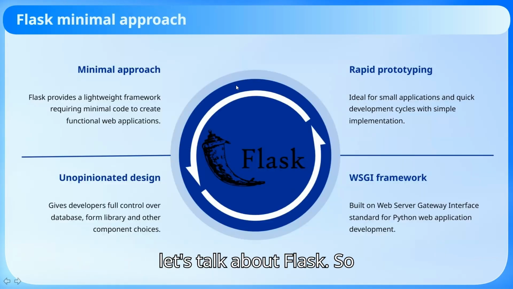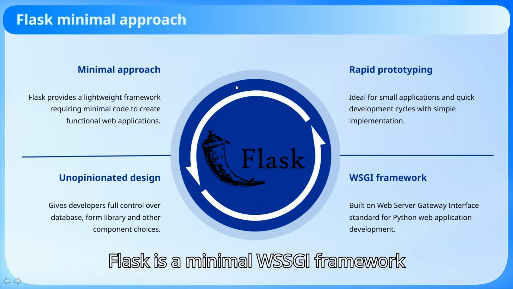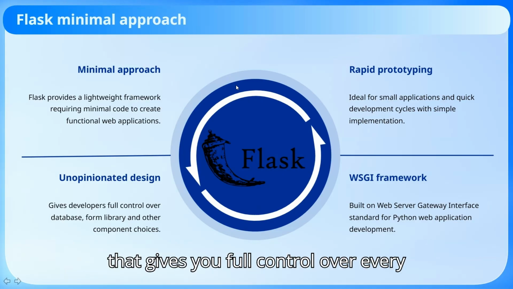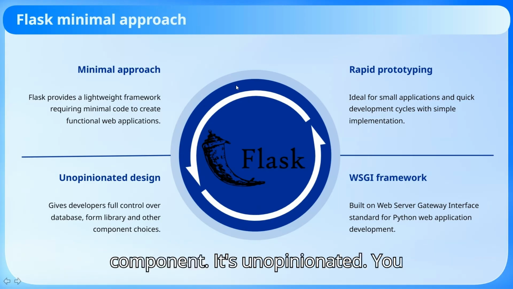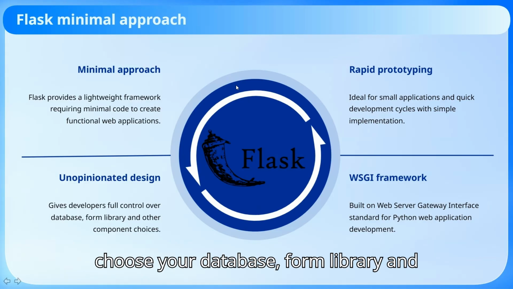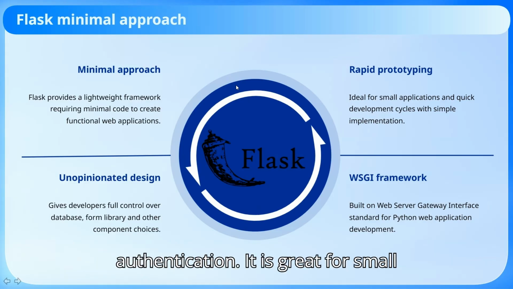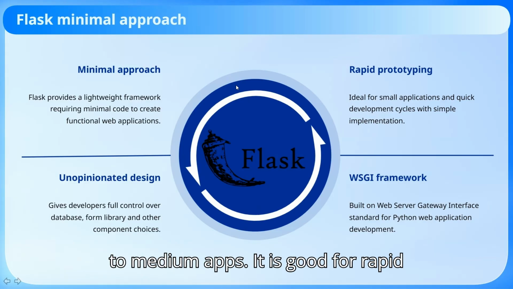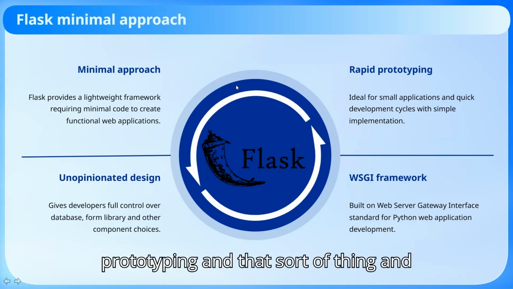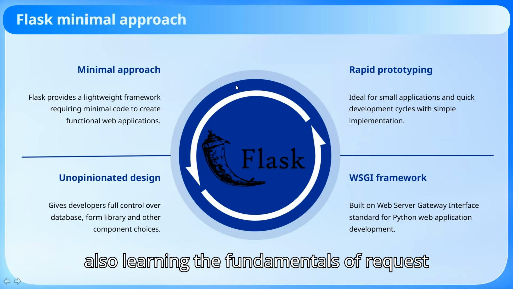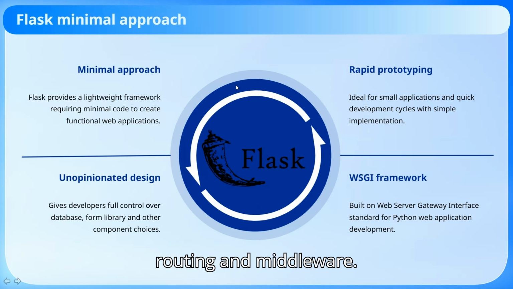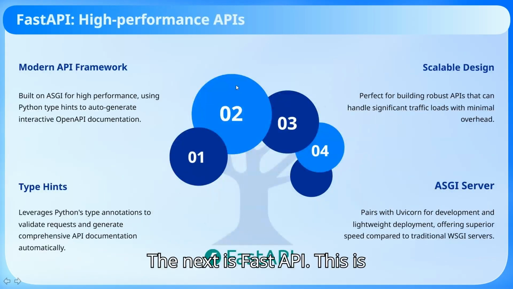Moving on, let's talk about Flask. Flask is a minimal WSGI framework that gives you full control over every component. It's unopinionated. You choose your database, form library, and authentication. It is great for small to medium apps, good for rapid prototyping, and also for learning the fundamentals of request routing and middleware. The next is FastAPI.